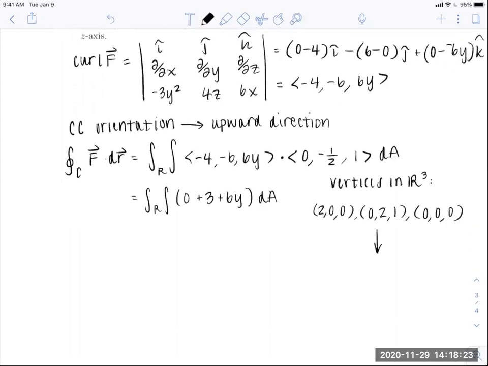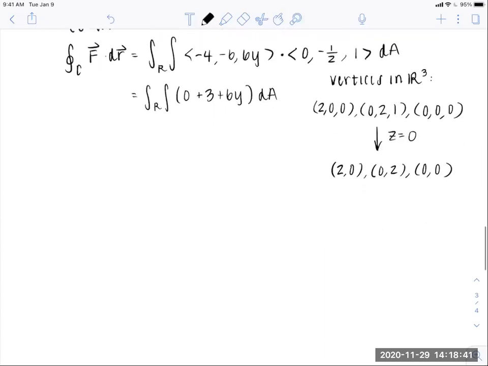We want to project these down to the xy-plane because z was given as a function of x and y. So our region R is the projection in the xy-plane. So basically what we want to do is just drop off those z coordinates and we get (2, 0), (0, 2), and (0, 0). So let's sketch that in the xy-plane. All right, and here is our region.